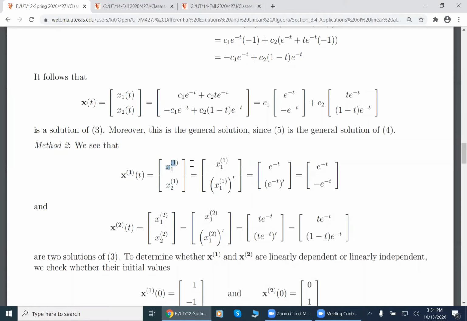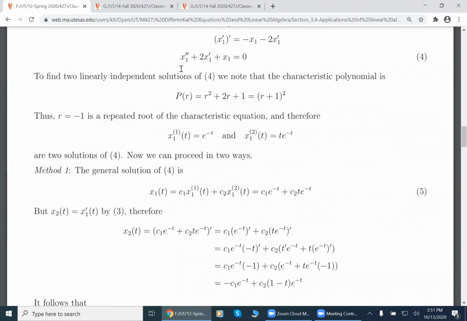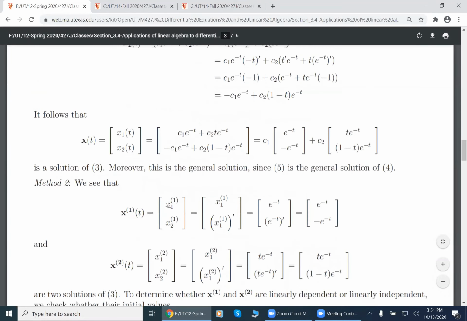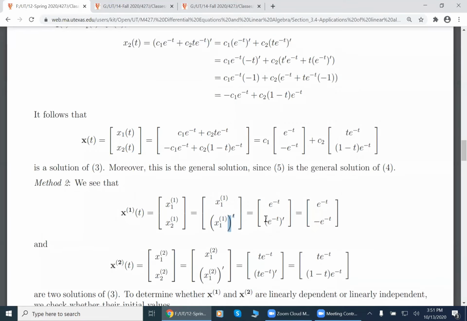This is a particular solution of our equation number 1. We replace this by e^(-2t). We replace x2 by x1 prime, thanks to equation number 1 of our system, and then find the derivative of this, done.